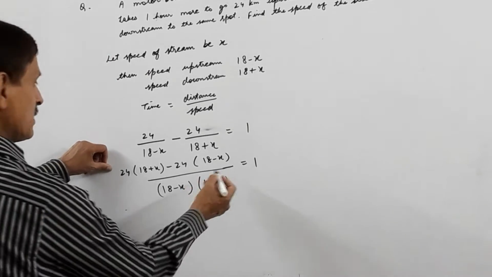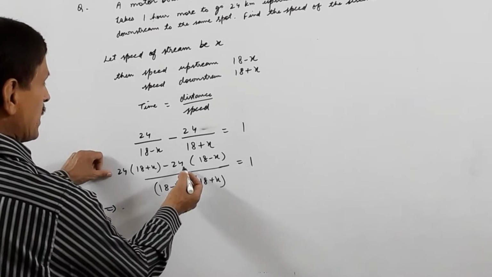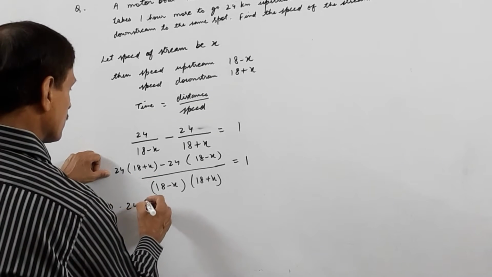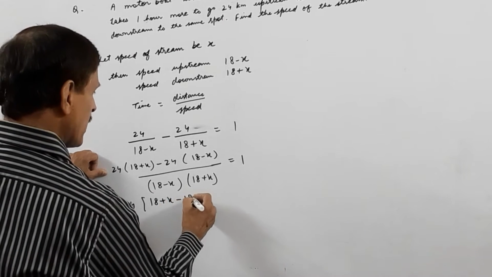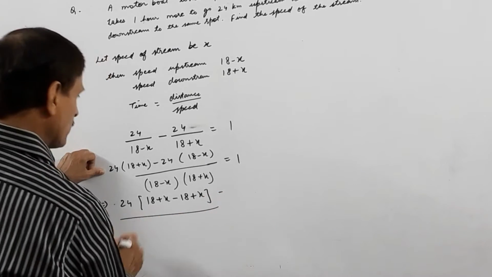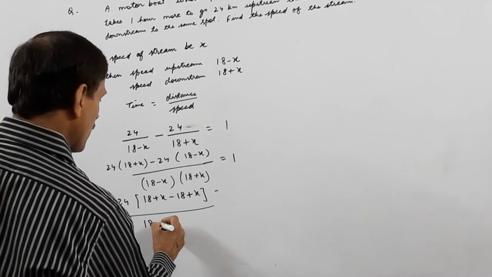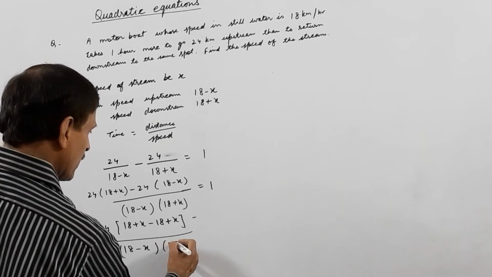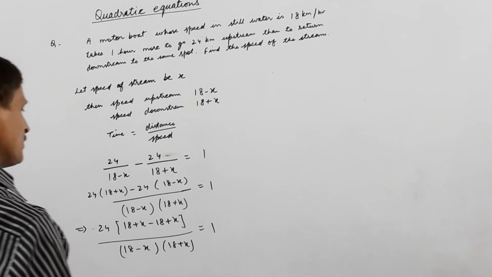It further implies we can take 24 common, 18 plus x minus 18 plus x, upon 18 minus x into 18 plus x, is equal to 1.